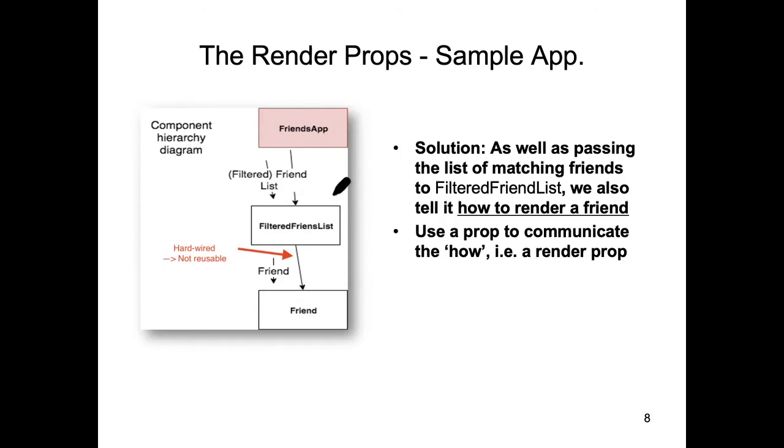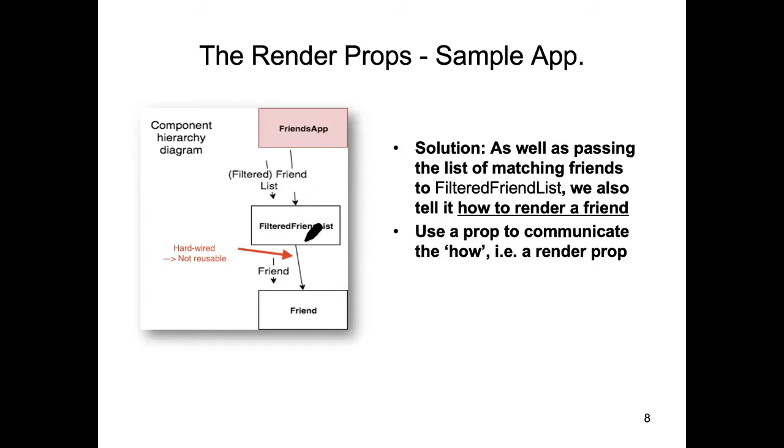And that prop is going to enable my filtered friends list to display my friends in the way that I want them to be displayed, whether that be their name with an image or their name and their email address.